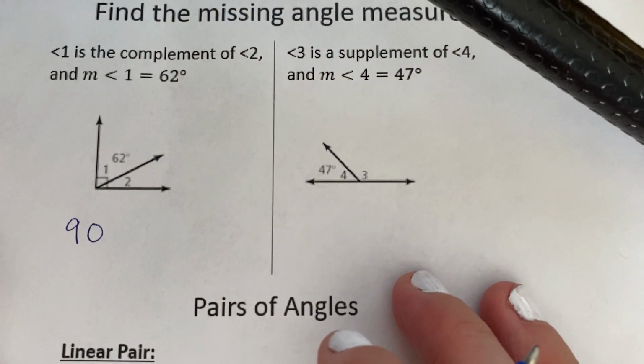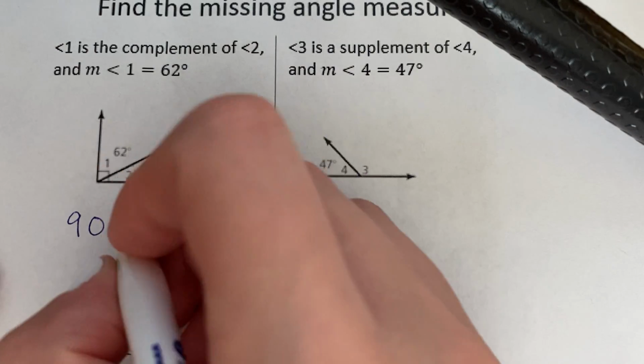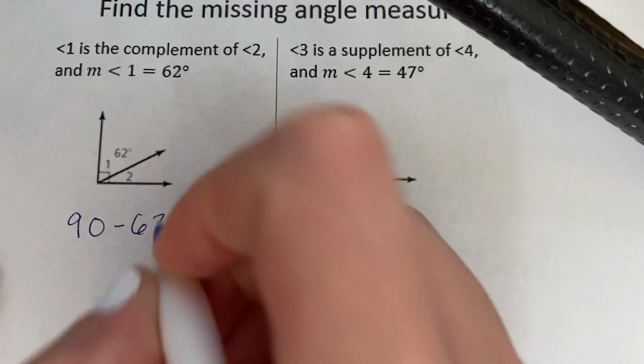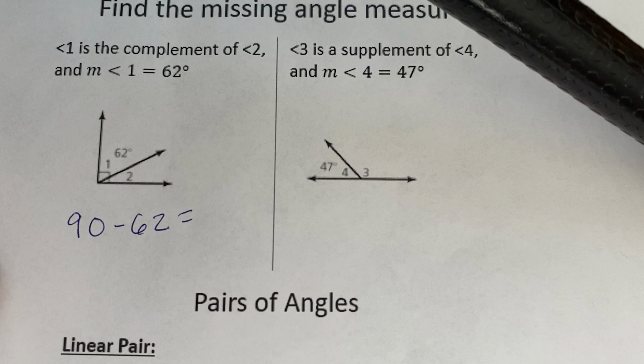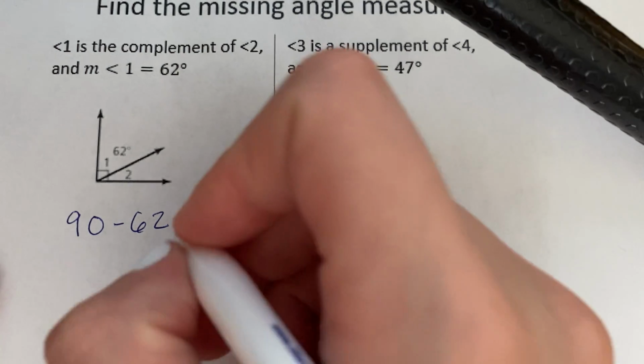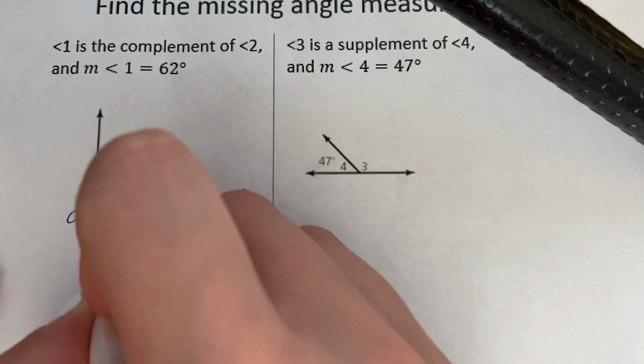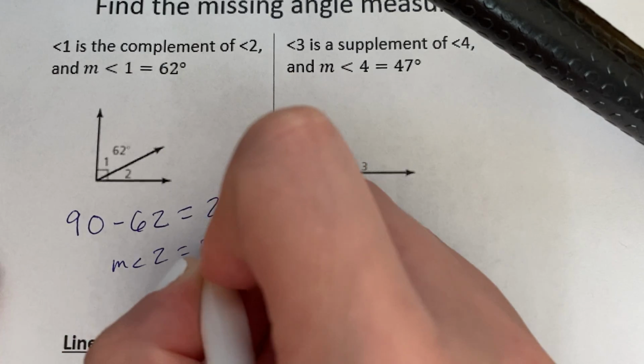So I can take 90, the magic number when it comes to complementary angles, and subtract 62 from it. We get 28. So the measure of angle 2 is 28 degrees.